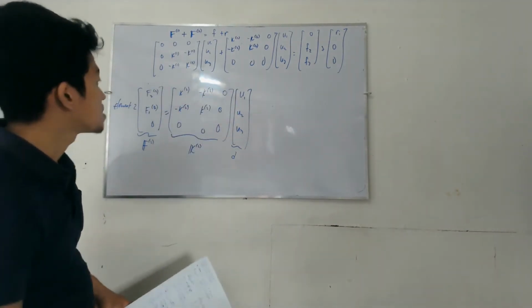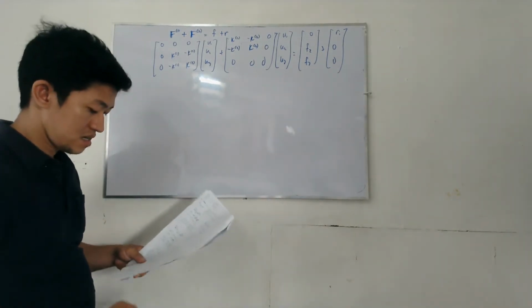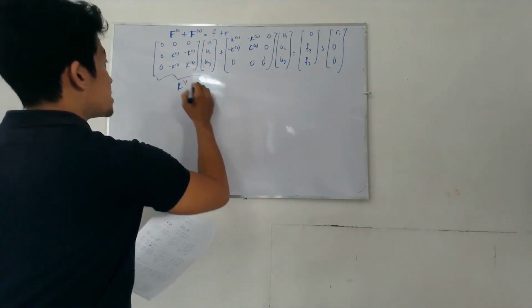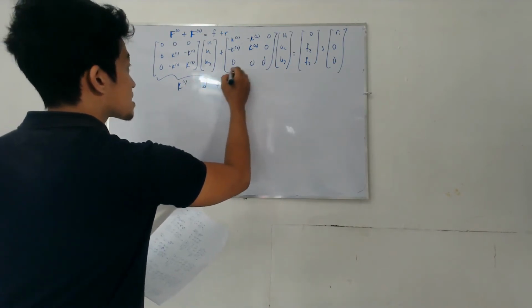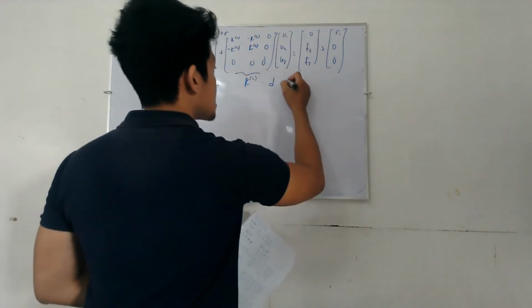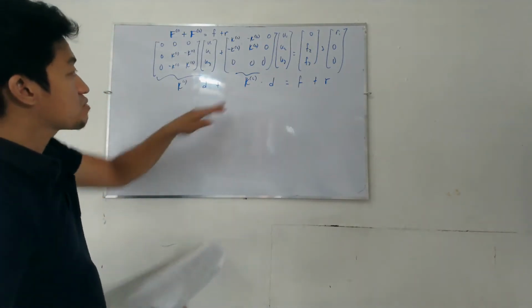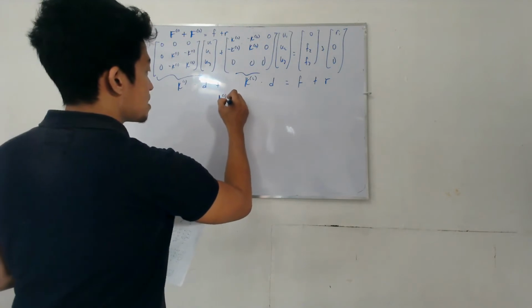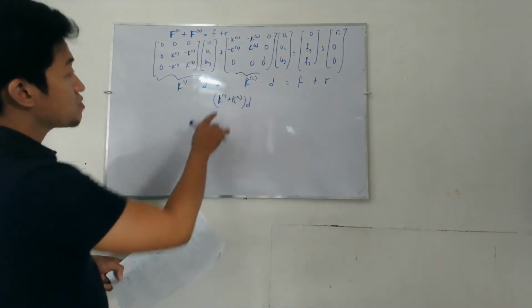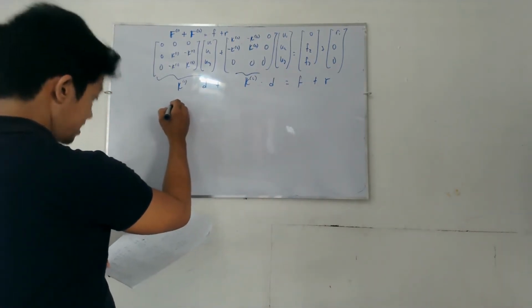Okay. So this is now your overall equation. This is K of 1 multiplied by D plus K of 2 multiplied by the displacement U1, equals F plus R. These can be combined: collect the D, K of 1 plus K of 2 times D, so we add them to get the overall equation.